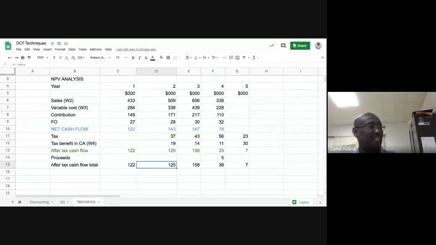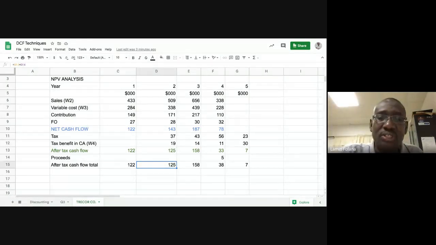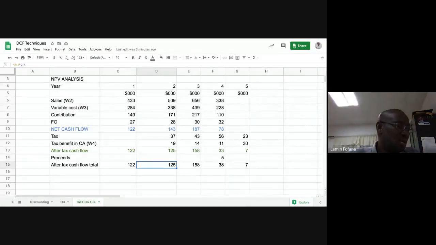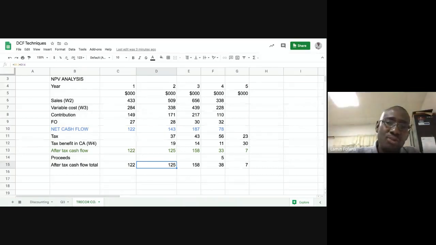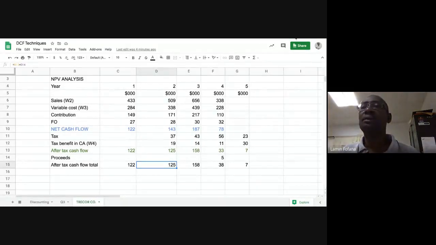So the rate that we have to use to discount our cash flow is not given to us in the question. We have to calculate it. Always take note of this, what you need to discount your cash flows is your nominal rate. So we have to find our nominal rate.